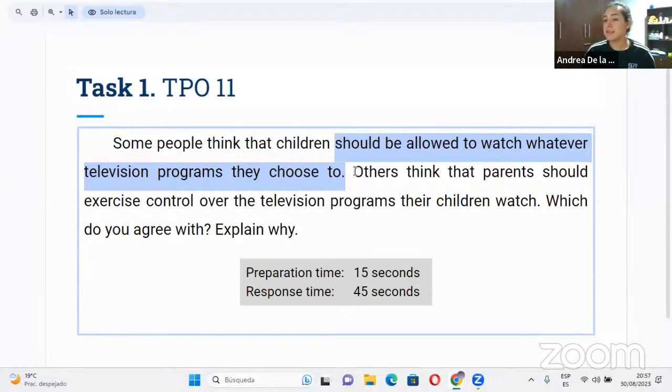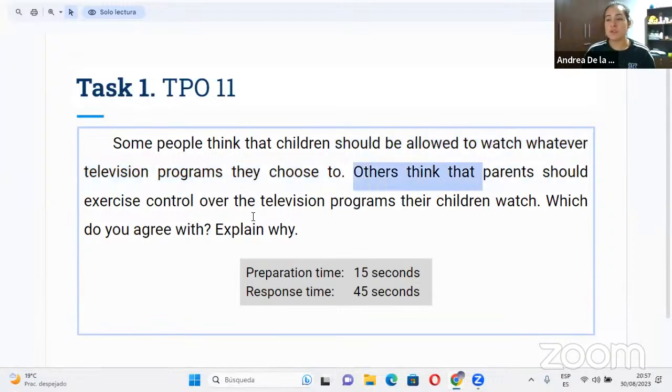But I think the easiest option would be to say that parents should exercise control, and you can say that maybe there are a couple of television programs that are not appropriate for children. You can talk about violence, violent programs, or TV shows that display maybe an educational content.